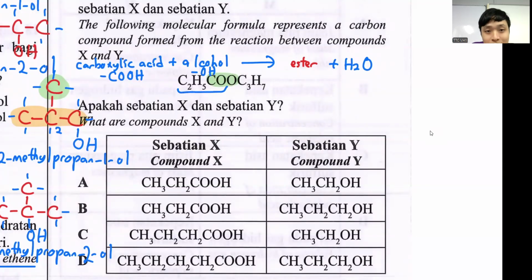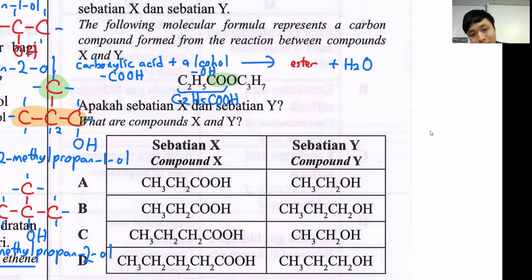So in this case, what is this part? How many carbon? This part is carboxylic acid, which has the formula C2H5COOH. It means a total of 3 carbon, right?